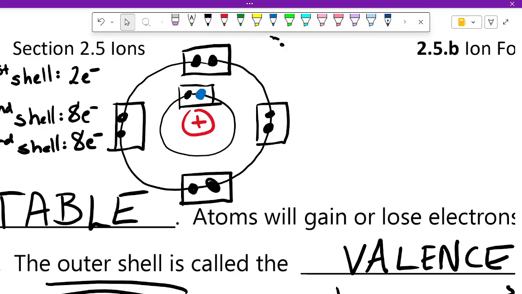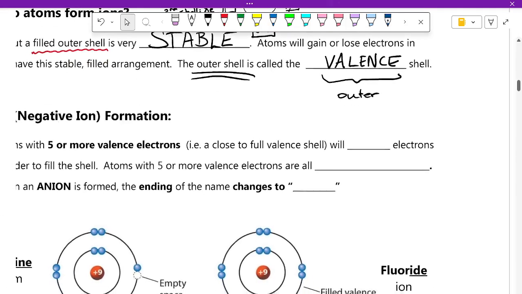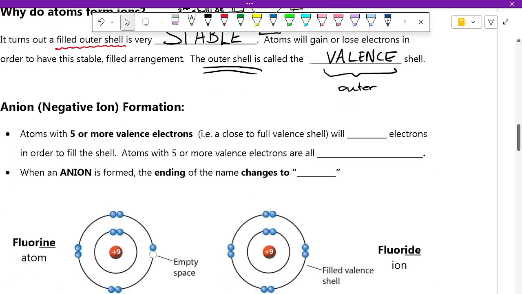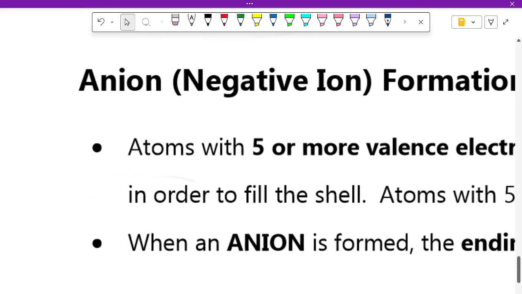If you had 6 electrons, how many would you need to gain to fill it? 2. If you have 7 electrons, how many would you need to gain? 1. So anytime you have 5 or 6 or 7 electrons, you are going to gain electrons to fill it up. That's what happens to form anions.